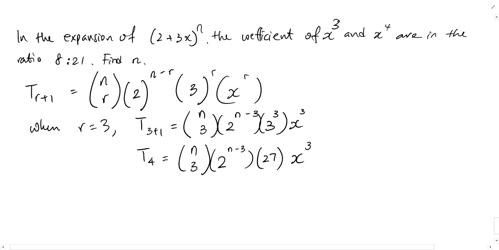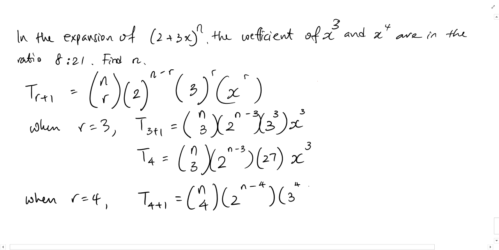Now I'm going to write down the next one, x to the power of 4. What shall r be this time? 4. So when r equals 4, I've got term number 4 plus 1, which is n choose 4, 2 to the power of n minus 4, 3 to the power of 4, x to the power of 4.